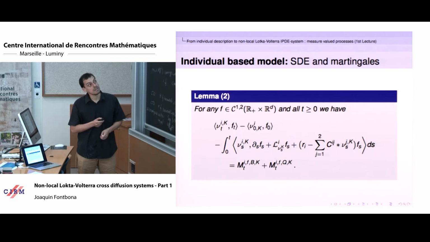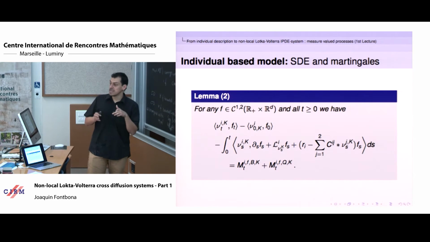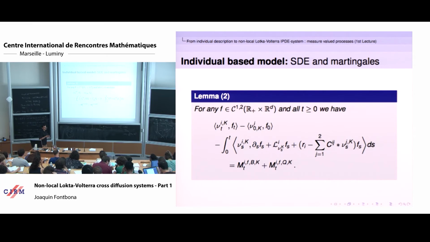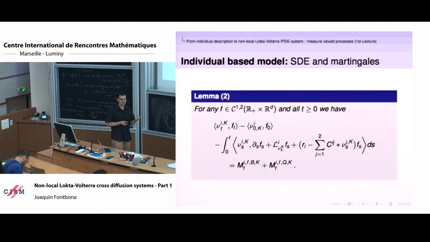So here is one time the measure, and in the diffusion coefficient, if you remember, my sigma, which was the square root of the diffusion matrix, was linear in the measures, in the densities. And when I write this operator, I take the square of this matrix. So the diffusion matrix A is quadratic in the measures. So here I have something which is cubic.